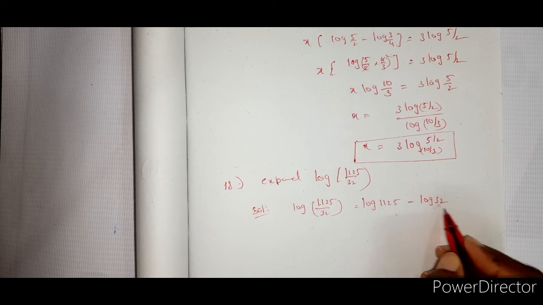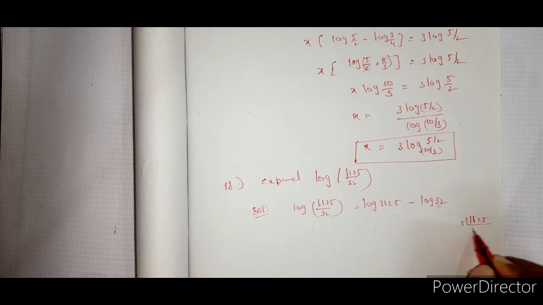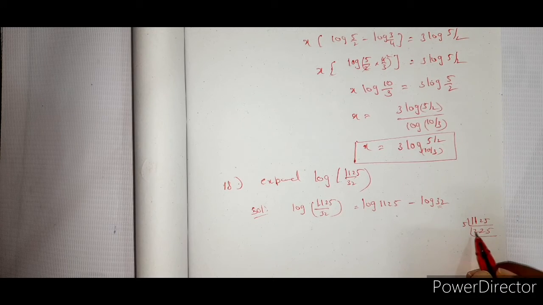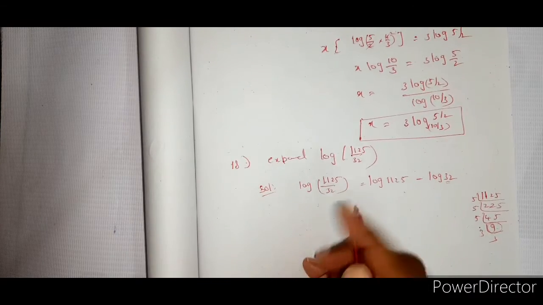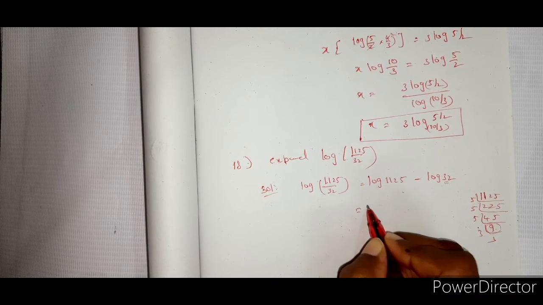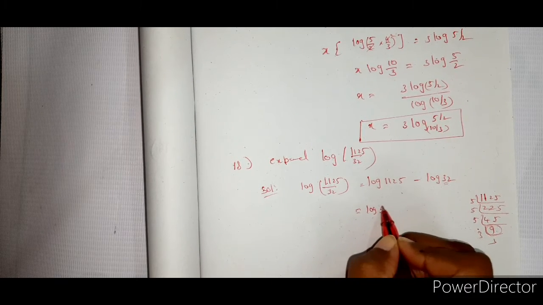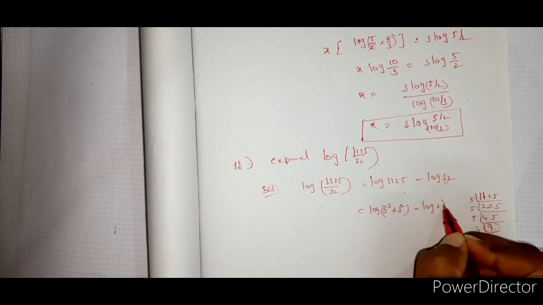Now for this one, let us find the factors. 5 2s are 10, 5 5s are 25, and 5 9s are 45, where 9 you can write as 3 square. So this can be written as log 5 cube into 3 square minus log 2 power 5.